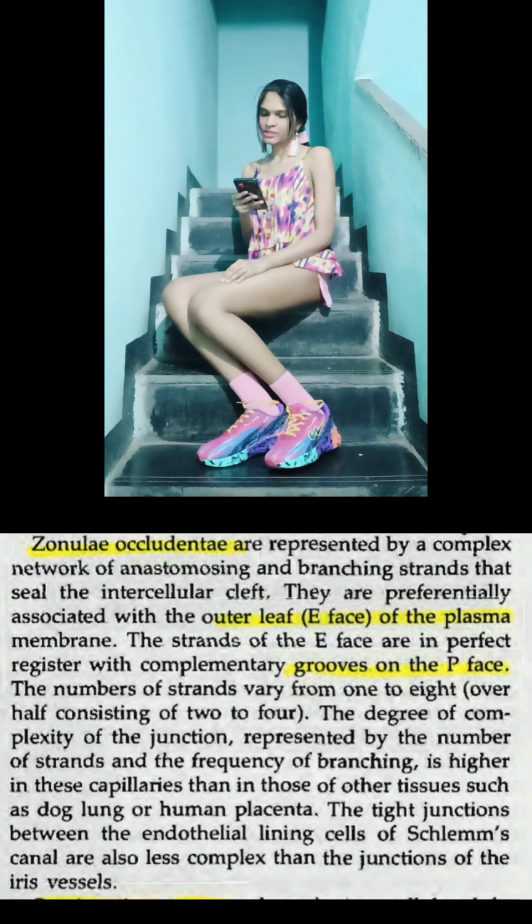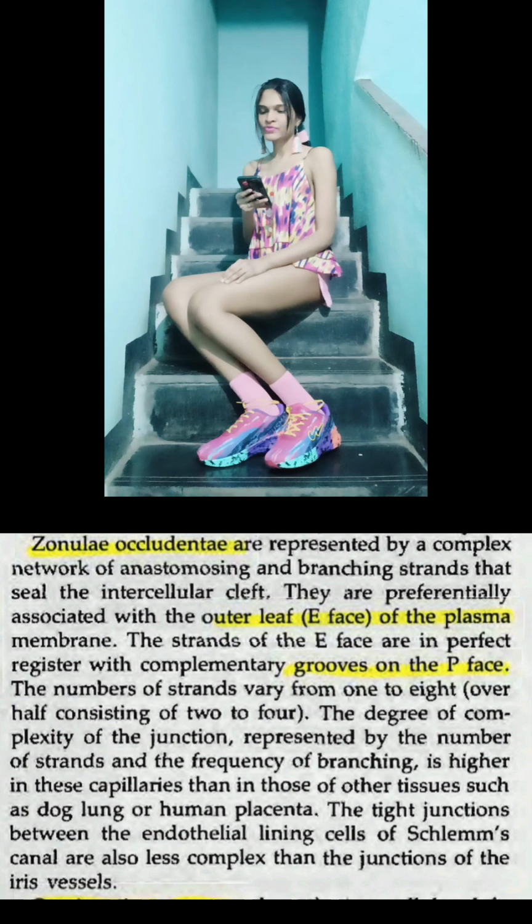Zonulae occludentes are represented by a complex network of anastomosing and branching strands that seal the intercellular cleft. They are preferentially associated with the outer leaf, E face, of the plasma membrane. The strands of the E face are in perfect register with complementary grooves on the P face.